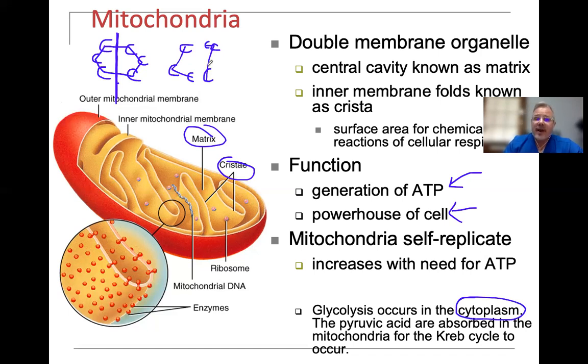Now, once you have pyruvic acid, as long as you have oxygen available, this pyruvic acid can enter the mitochondria for the Krebs cycle. If there isn't oxygen available, then pyruvic acid goes into something called lactic acid. Okay? It's another type of sugar.